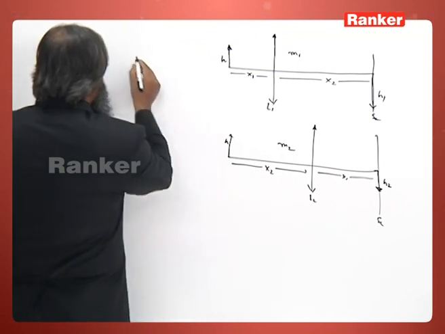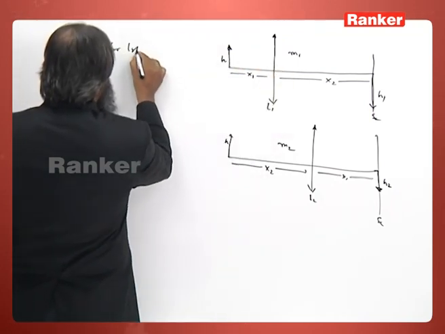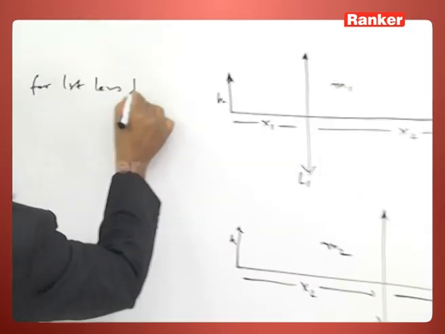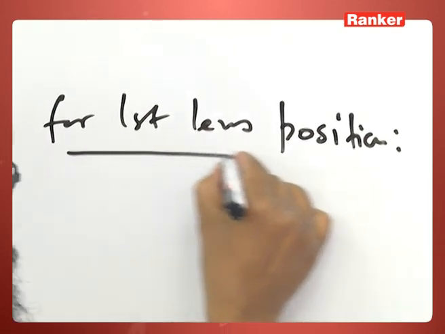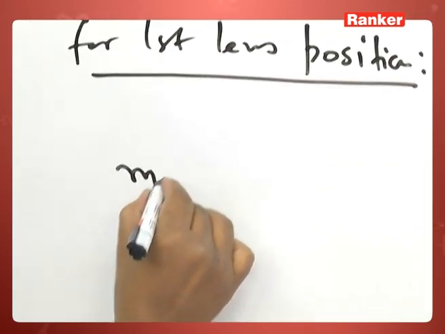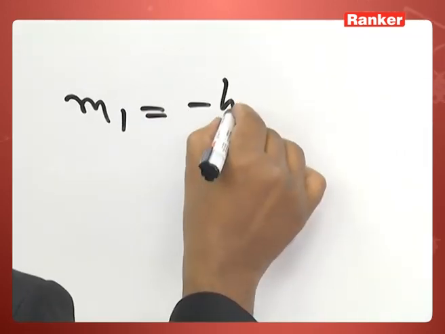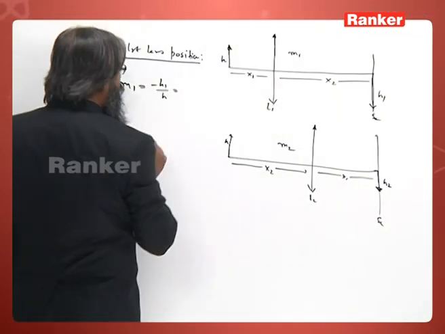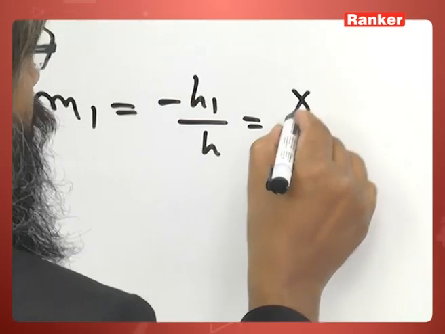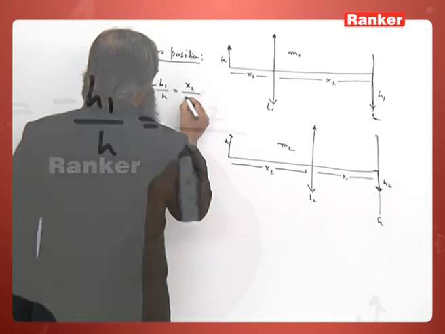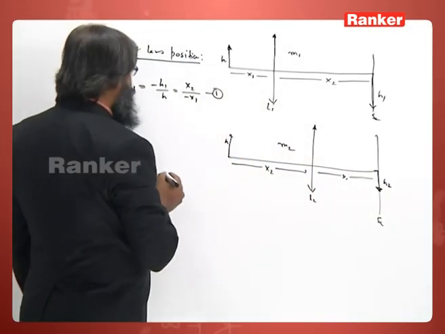So, the magnification for the first lens position, m1, is given by minus h1 by h equal to v by u, that is x2 by minus x1. So, this is equation number 1, suppose I give.